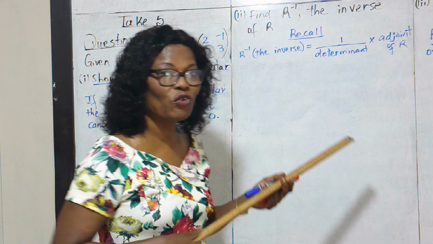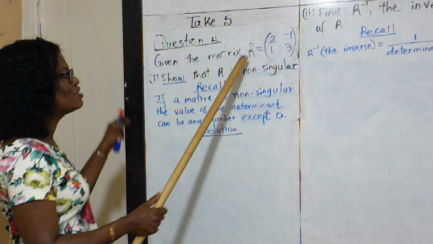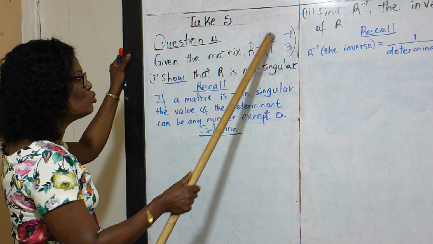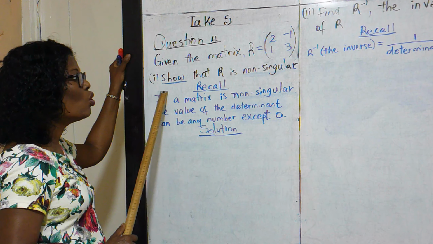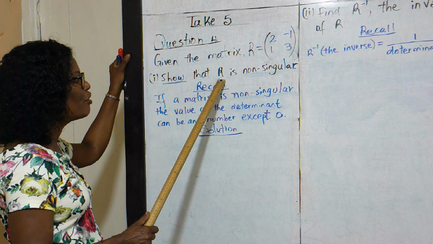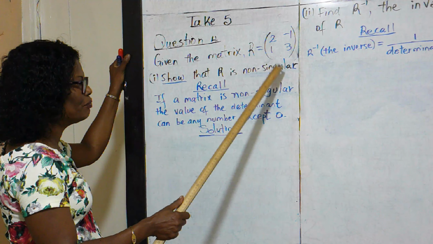Here's question 4. Let's read it together. Given the matrix R equals 2, 1, negative 1, 3, show that R is non-singular.